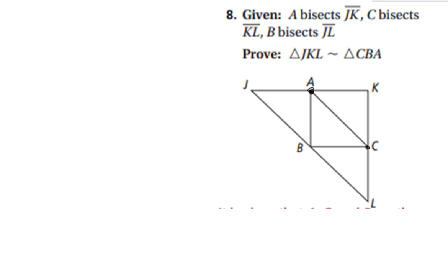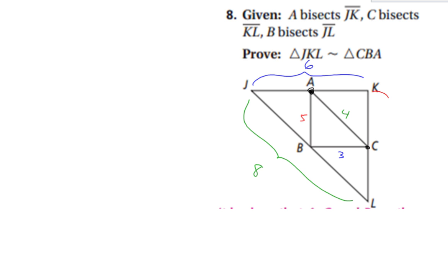Let's take an example. Suppose I say that BC is 3. That would mean that JK must be 6. And suppose I know that AC is 4. That would mean that JL must be 8. And suppose I know that AB is 5.